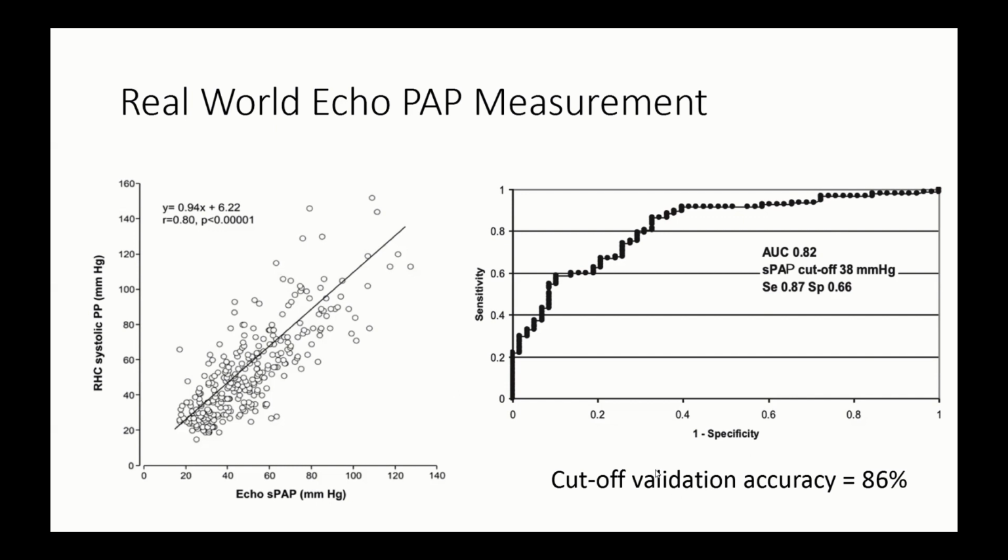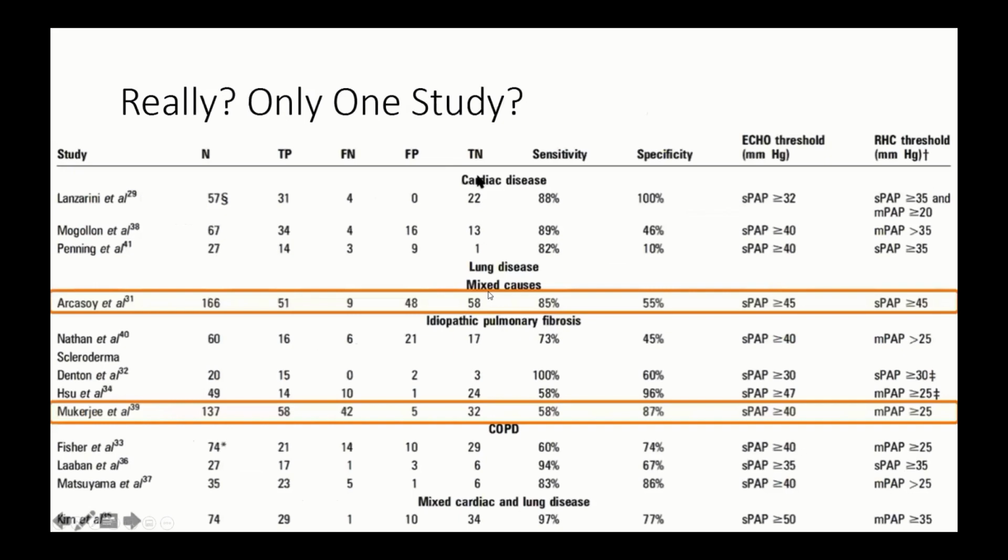And then they validated this number of 38 in the second half of the population, and got an accuracy of 86%. So even though there are limitations to using the echo, it does diagnose patients accurately, ruling them in or out of pulmonary hypertension 86% of the time, using a cutoff of 38. And our lab uses a cutoff of 40, which is pretty similar.